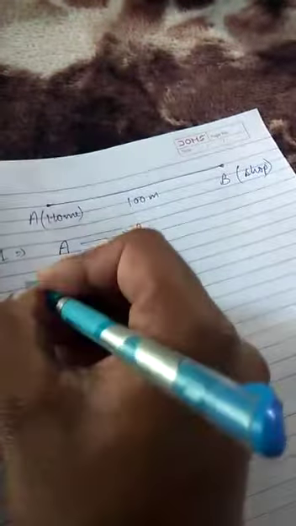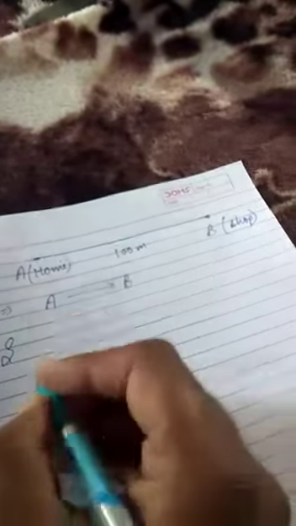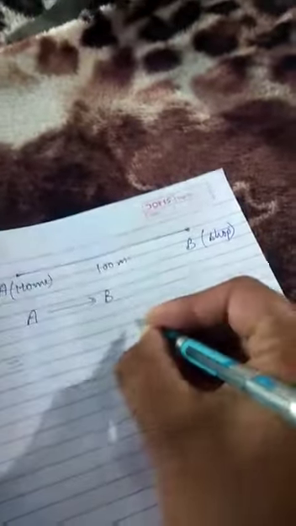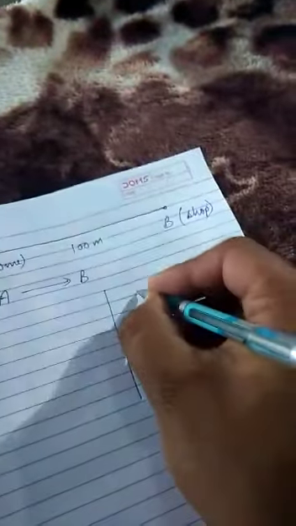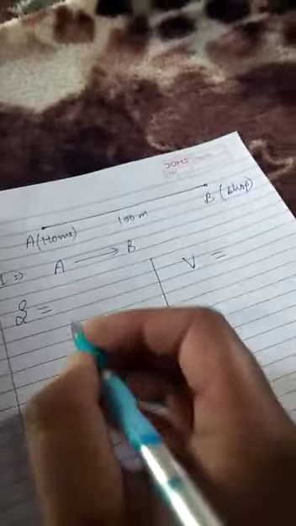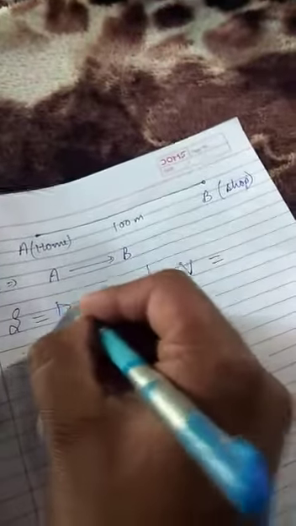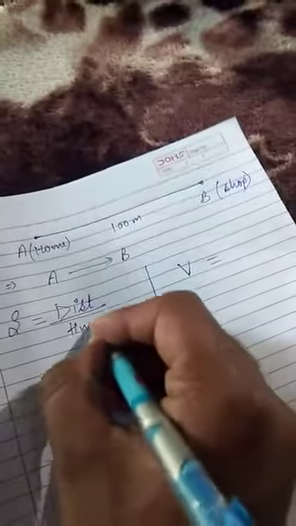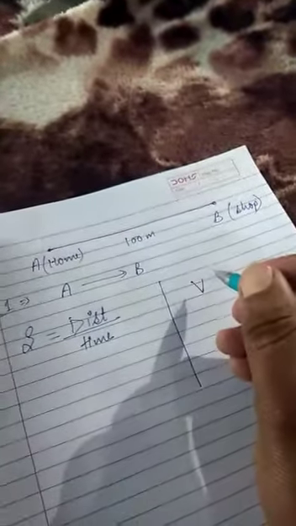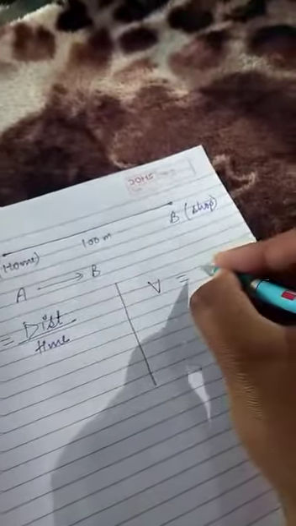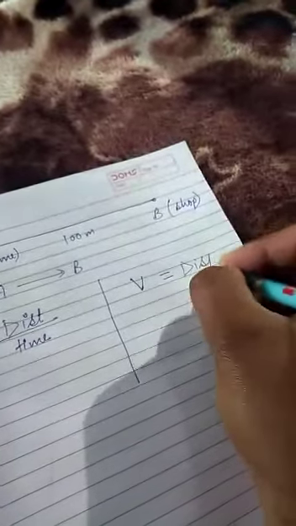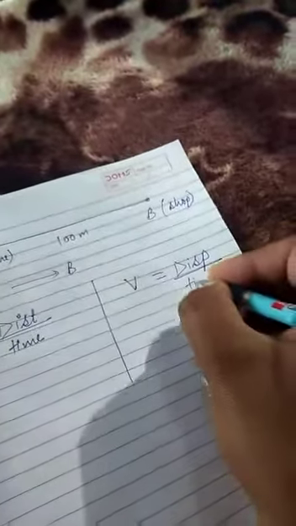Now I want to check its speed as well as velocity. Now look, we know that speed is equal to distance traveled per unit time, and velocity is equal to displacement per unit time.